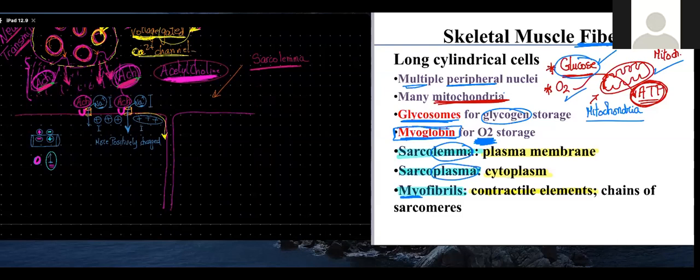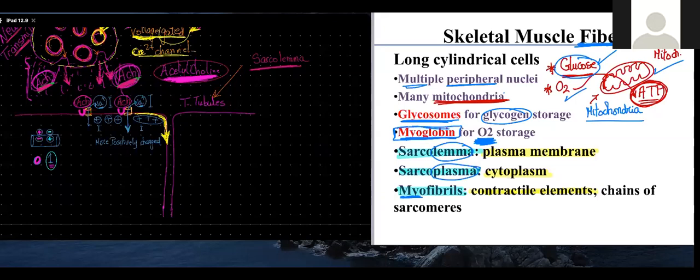We call those my T-tubules. So now the signal that was traveling along the sarcolemma, along the plasma membrane of the muscle cell, travels down through my T tubules.